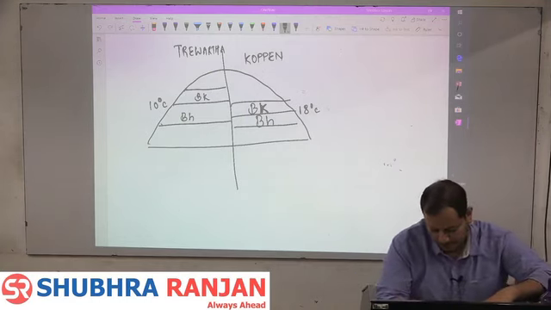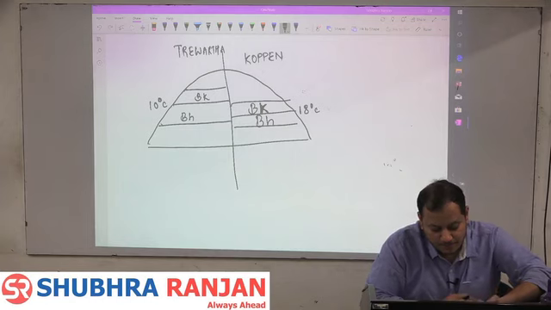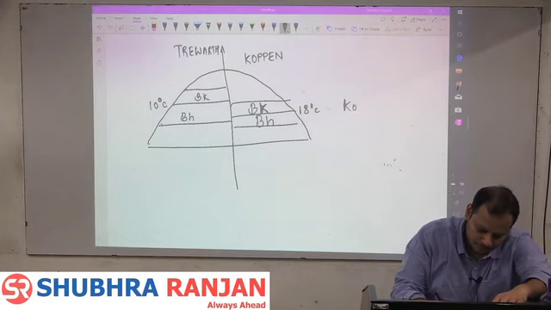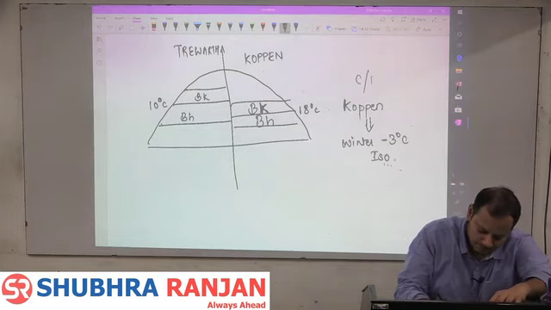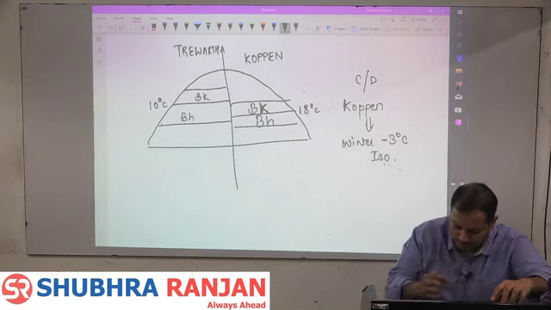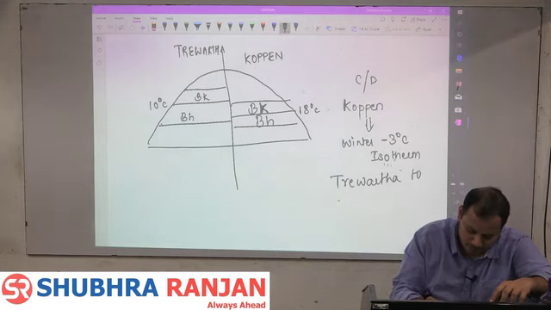Next point. For the boundary between C and D type of climate, Köppen considered winter minus 3 degrees Celsius isotherm, which was changed by Trewartha to winter 0 degree Celsius isotherm.